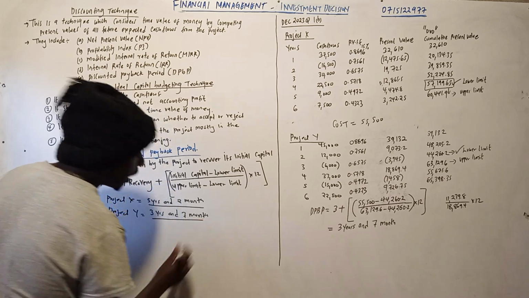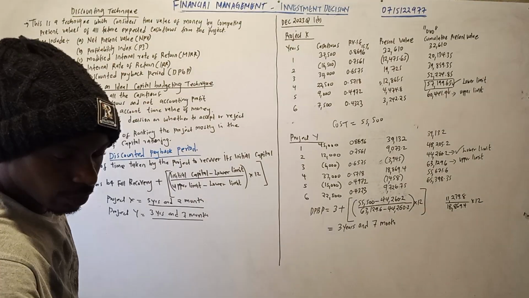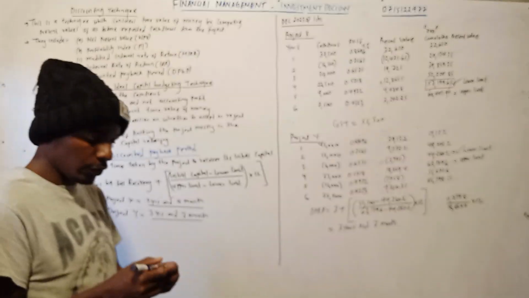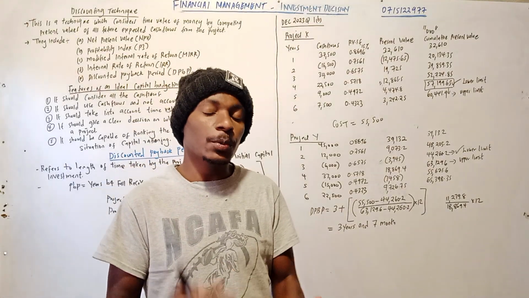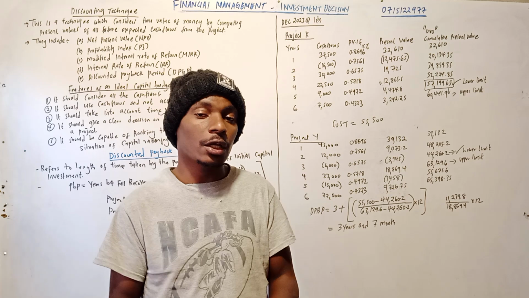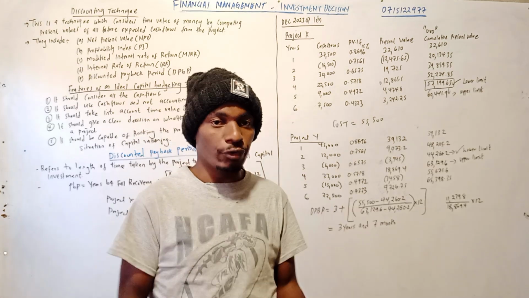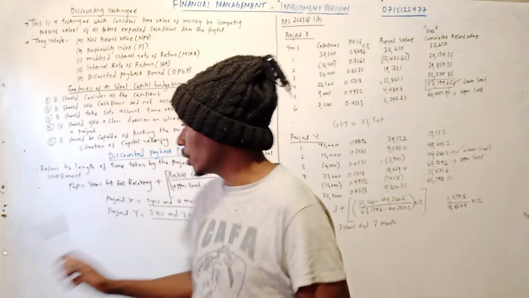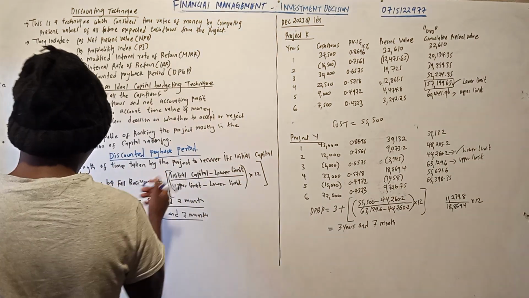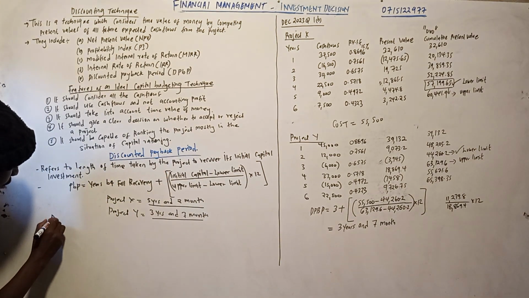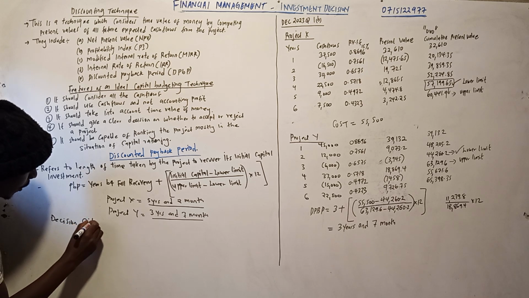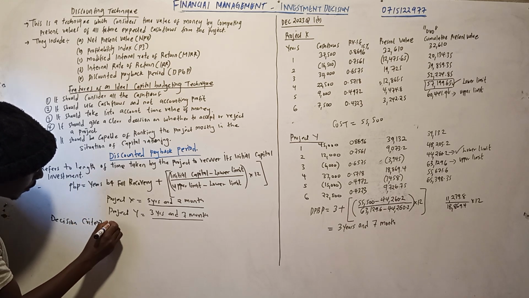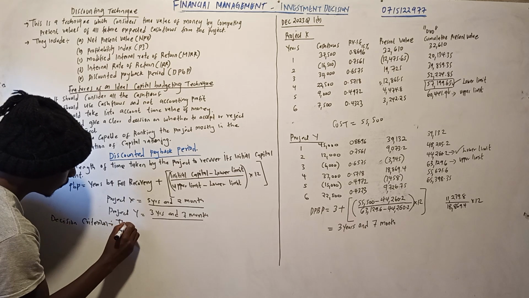So remember, these projects are mutually exclusive, and we said that when we talk about mutually exclusive, these projects serve the same purpose. So we only undertake one at a time. So we cannot take two of them. Now, decision criteria for payback period is just like the other one.